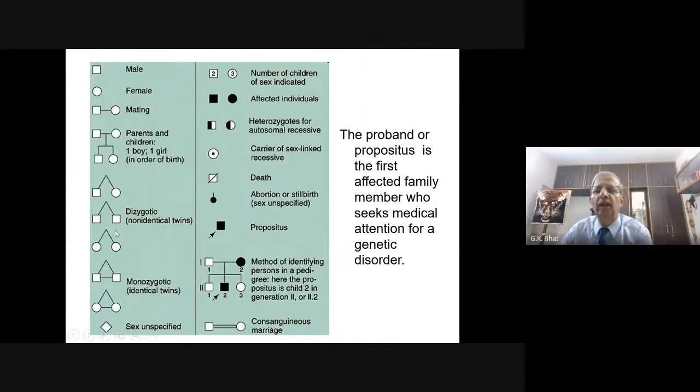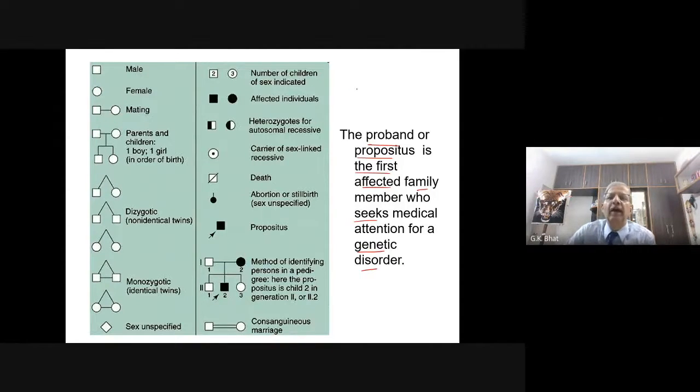Now, you must know this very important term. The proband, please listen to me. The proband or propositus is the first affected family member who seeks medical attention for a genetic disorder. Let us say there is sickle cell anemia in one family, but no one knew.